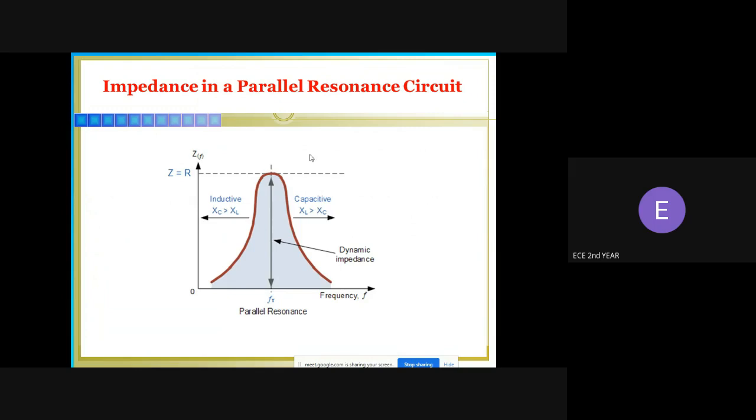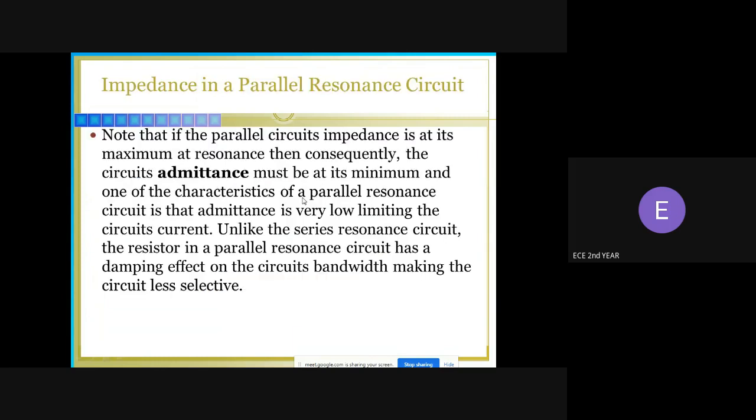So if XL is maximum, the circuit will behave as a capacitive circuit. You can compare this graph with the series resonance and find the difference. Then this center point we call the dynamic impedance of the parallel resonance.